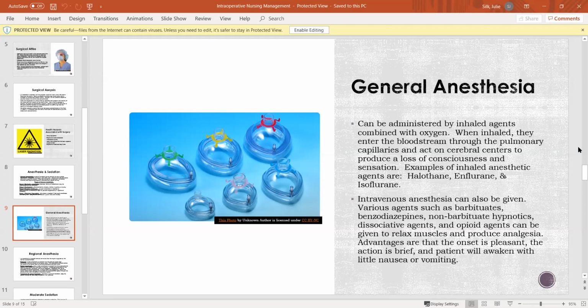As these sites become saturated, smaller amounts of anesthetic are needed because equilibrium or near equilibrium has been achieved between the brain, blood, and other tissues. Typically, intravenous anesthesia is used for induction, and inhalation anesthesia is used to progress the client from stage 2 to stage 3. So that's how they do that.